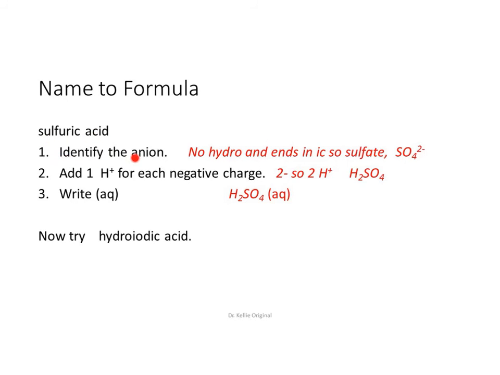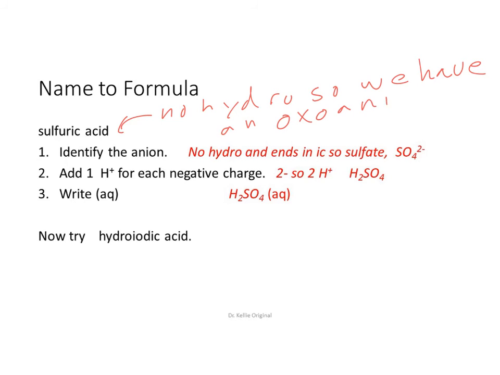Step 1, identify the anion. Well, we see the name sulfuric. Do we have the prefix hydro? No prefix hydro there. Since there's no prefix hydro, we have an oxoanion.